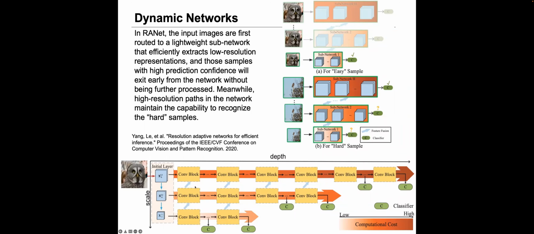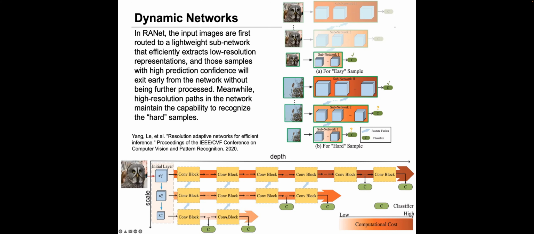So to achieve this kind of dynamic trade-off, they design this kind of resolution adaptive network. The input is first routed to the lightest architecture. You can consider this the smallest architecture, with maybe only 2 convolutions, using the smallest resolution, and see how confident the network's prediction is using just the small resolution and a few layers.